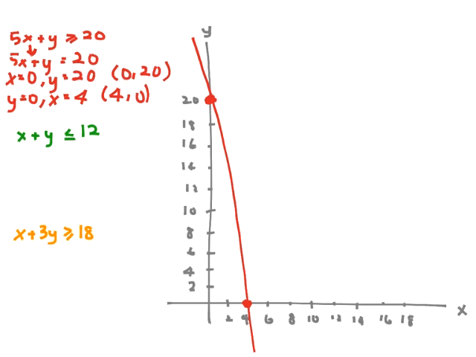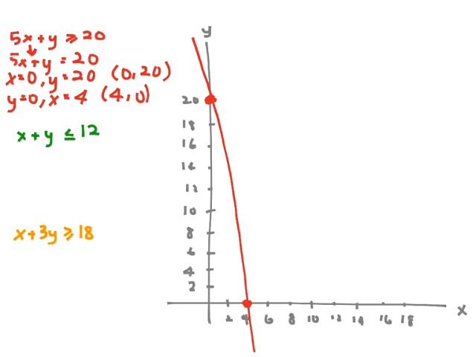Now we want to identify which side of the line fulfills 5x plus y greater than or equal to 20. Just take any point on one side. Let's say we take the point on this side, (8, 0). We substitute (8, 0) into our inequality.